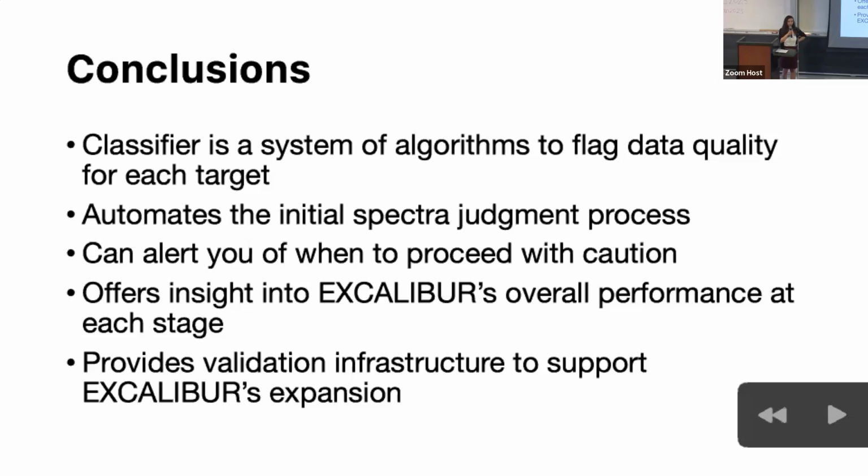Yeah, that's a great question. So one of the other algorithms we have is called light curve symmetry. So that checks if we only have one side of the white light curve that has points on it, that would be flagged yellow. And if we don't have any points outside of the transit, that would be flagged red. So another algorithm we could add is definitely to see, are there just points on one side of the actual transit?